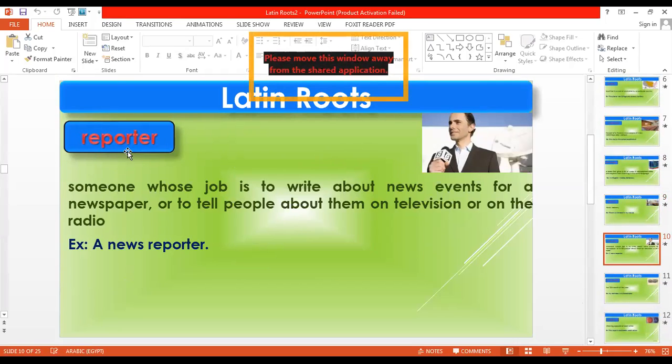Reporter. It's a job. A reporter is someone whose job is to write about news events for a newspaper or to tell people on television or on the radio. So a news reporter.